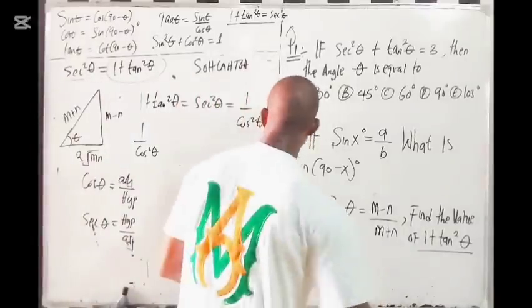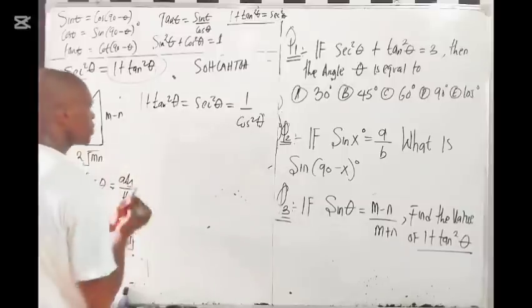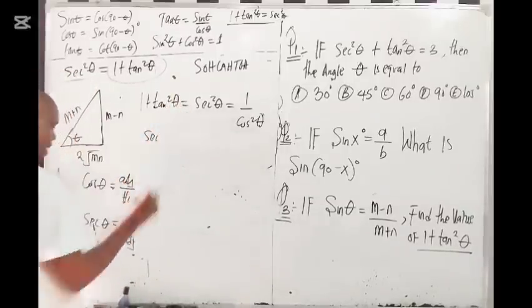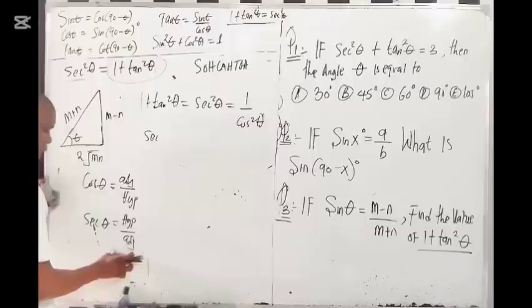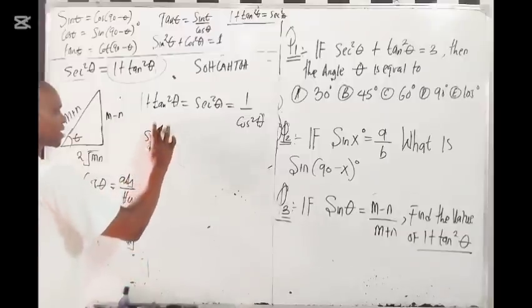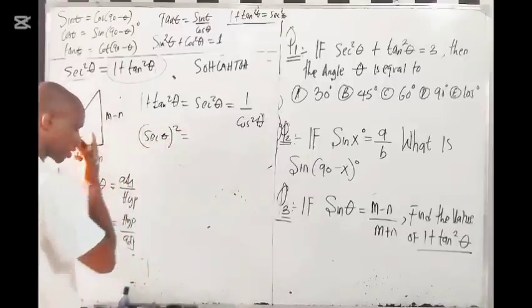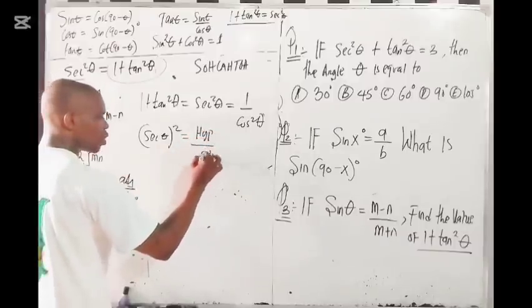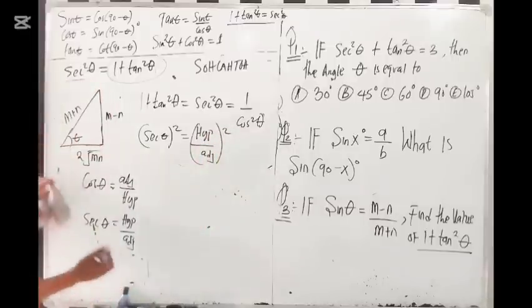So what this means here is that sec squared. Now remember, sec theta equals hypotenuse over adjacent, but here theta is squared. Sec theta squared equals hypotenuse over adjacent, all squared. That is what it means.